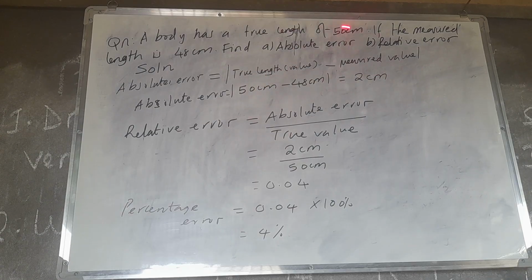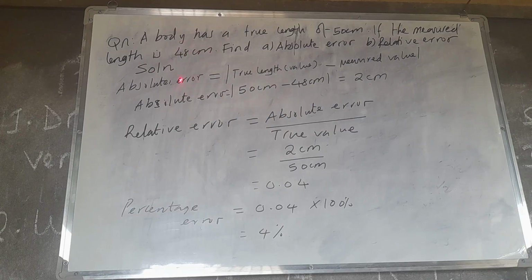So the true value is 50 centimeter minus the measured value, sababu kimsingi unapopima kitu unapata kitu katika makosa. Kwa hiyo measured value inatofautiana na ile true value. Kwa hiyo urefu halisi wa kitu ulikuwa ni 50 centimeter, lakini aliyepima kwa sababu ya mapungufu na errors alipata sentimita 48.